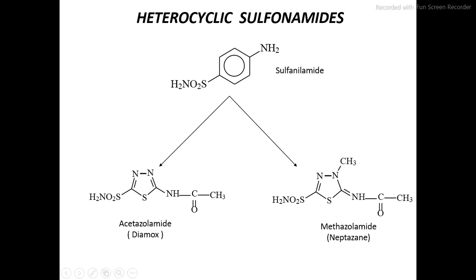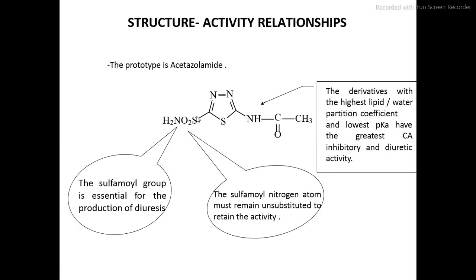A small summary of the SAR with respect to acetazolamide. Now this is acetazolamide. We have a sulfamoyl group, we have a heterocyclic ring, and we have a carbamoyl moiety, which is NHCOCH3.